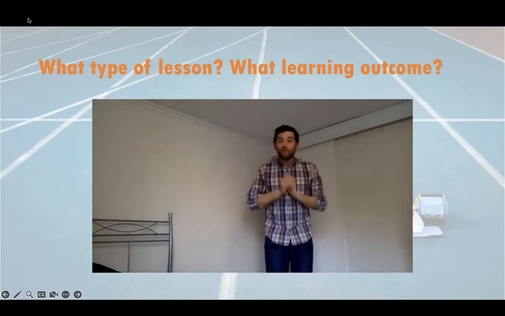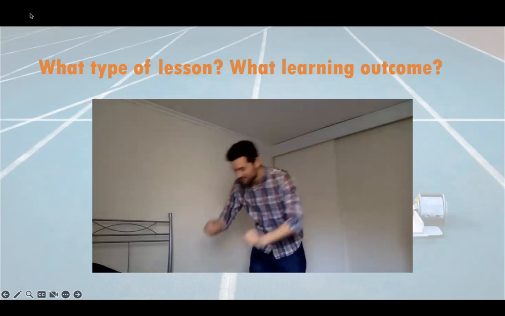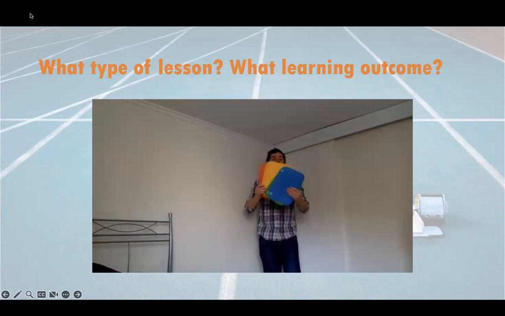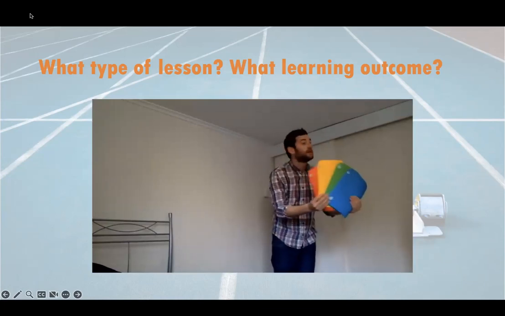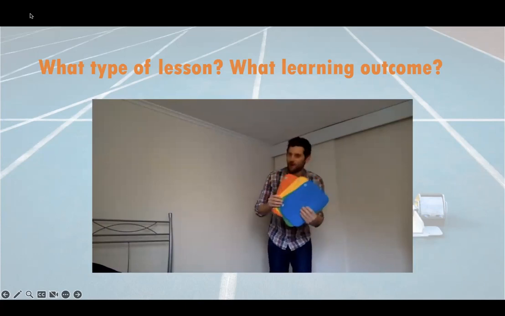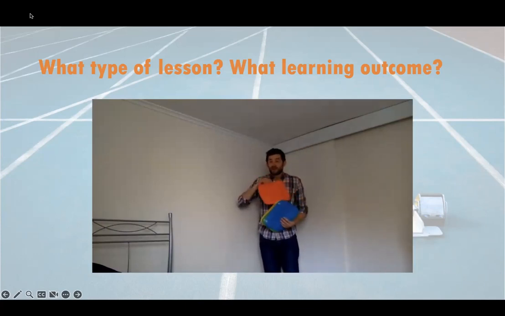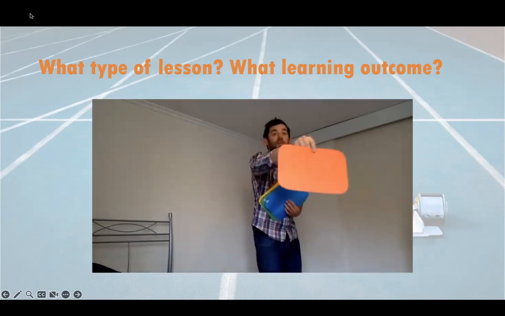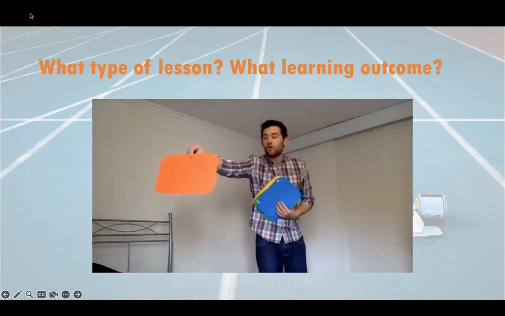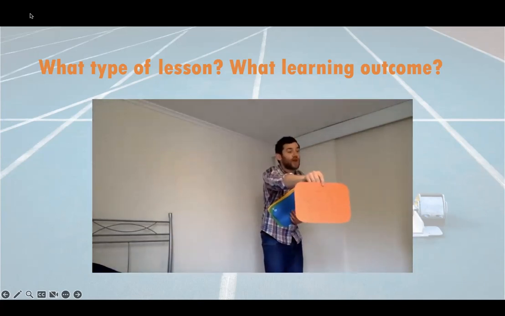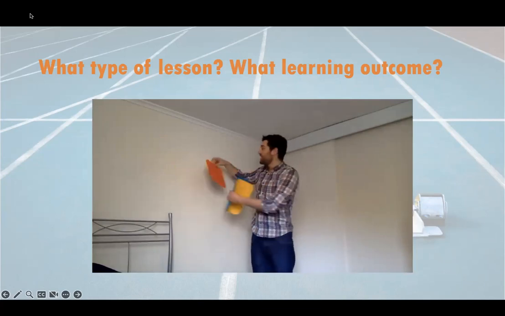So today we're going to learn about colours. Now, does anybody know any of these colours? You know some colours? No? Okay. We'll start with this colour. Red. This is the colour red. Repeat after me.